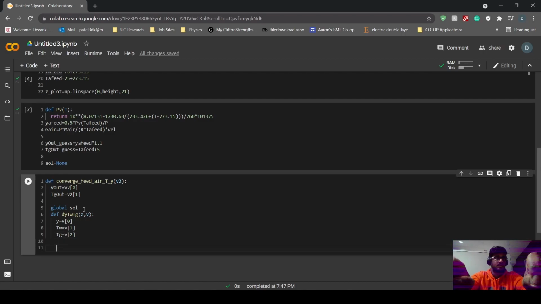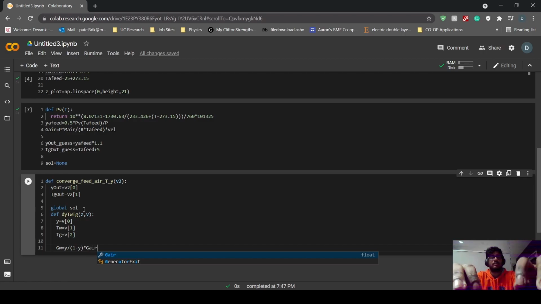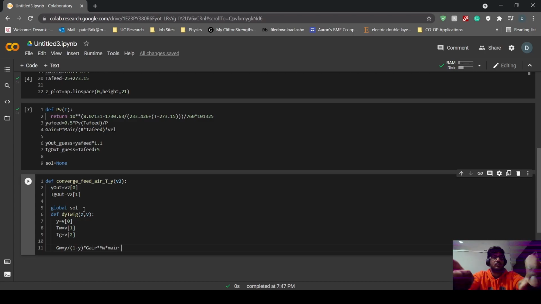Okay, and now what we're going to do is go ahead and calculate the gas flow rate of the water. So we're going to define GW, which is equal to Y, the mole fraction, divided by 1 minus the mole fraction, times G air, the gas flow rate of air, times the molecular weight of water, MW, times the molecular weight of air, M air.